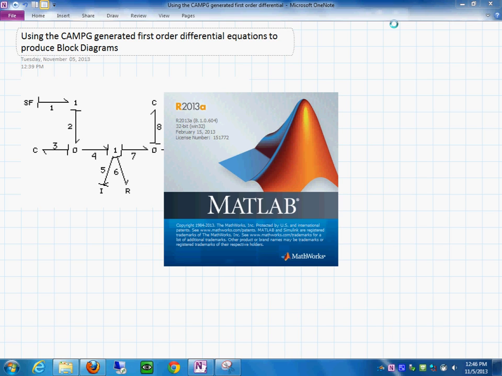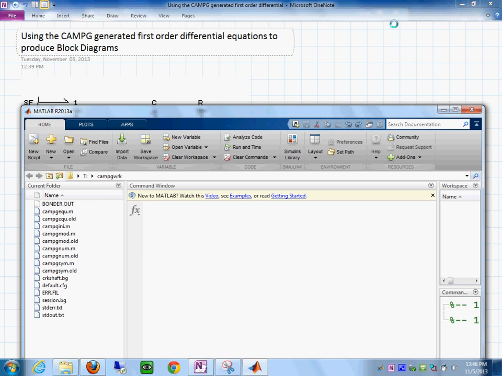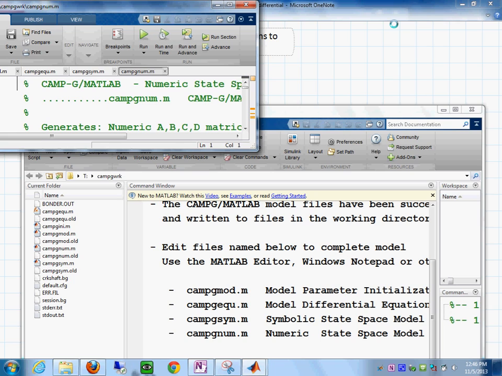Using this bond graph model, it produces the M files, which are actually the computer model that MATLAB can execute and do calculations with. So there is MATLAB and CAMPG exercising their handshake.